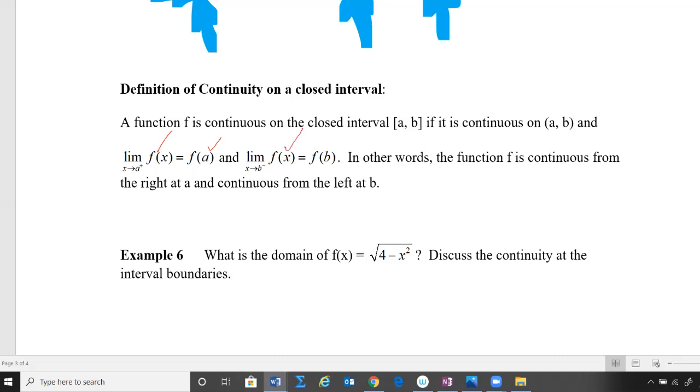So we would say that the function is continuous from the left and from the right for those functions.